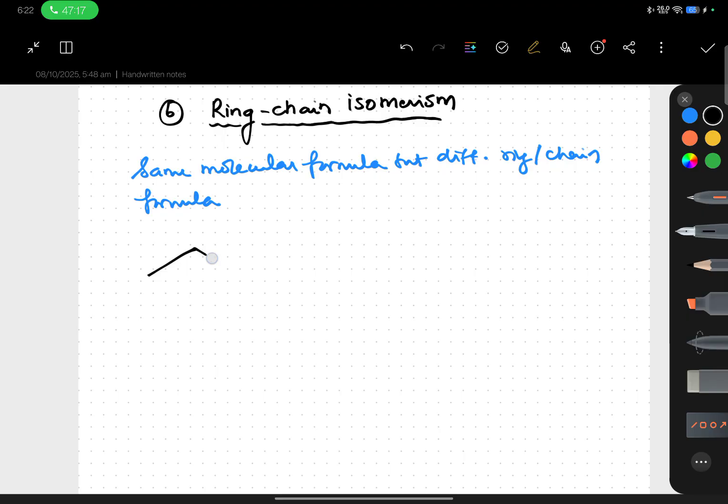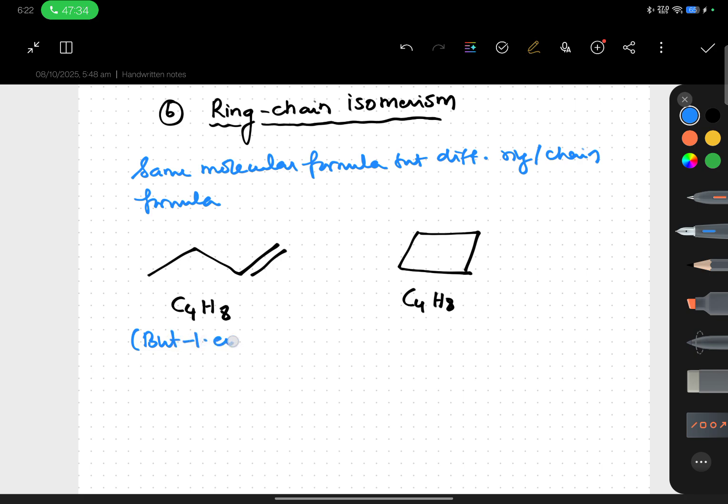So for example, this is butene. This is cyclobutane. If you check the formula, both will have C4H8. This is a different molecule. This is but-1-ene. This is cyclobutane.